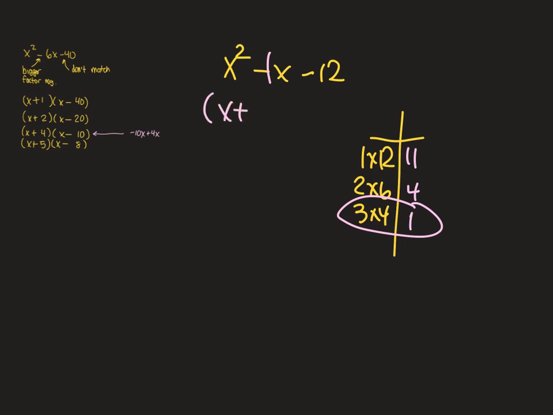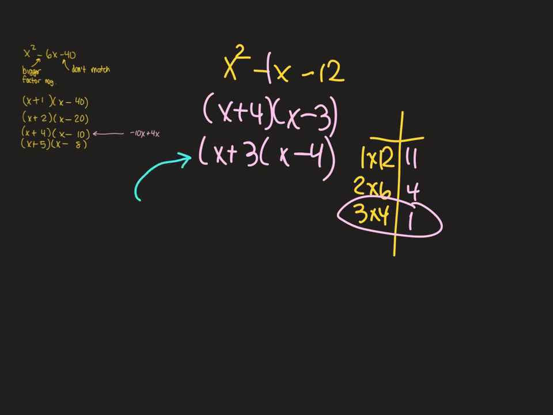So, am I going to say x plus 4, x minus 3, or am I going to say x plus 3, x minus 4? Who goes where? Answer is this bottom one. I need my bigger factor to be with the negative sign because I need a negative answer. I need more negative stuff. Negative 4 and a positive 3 makes a negative 1.